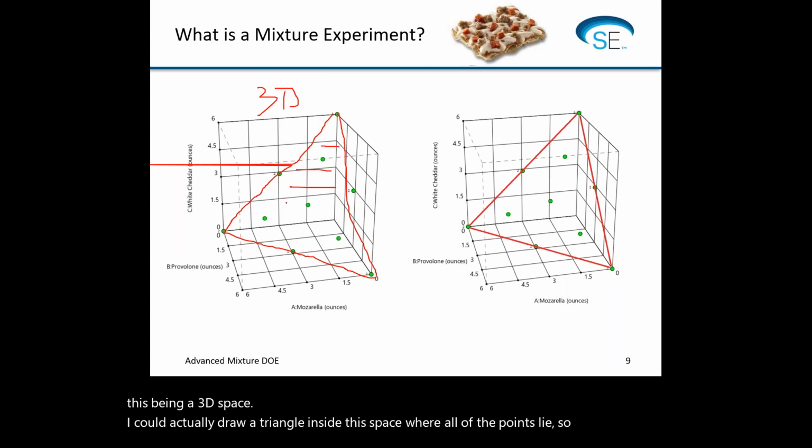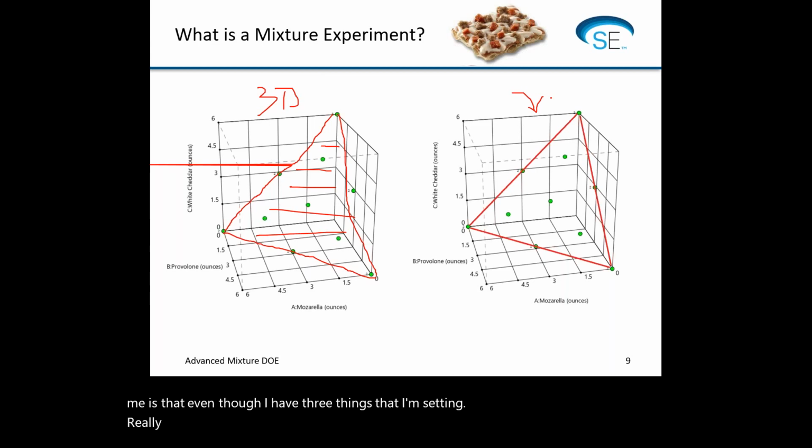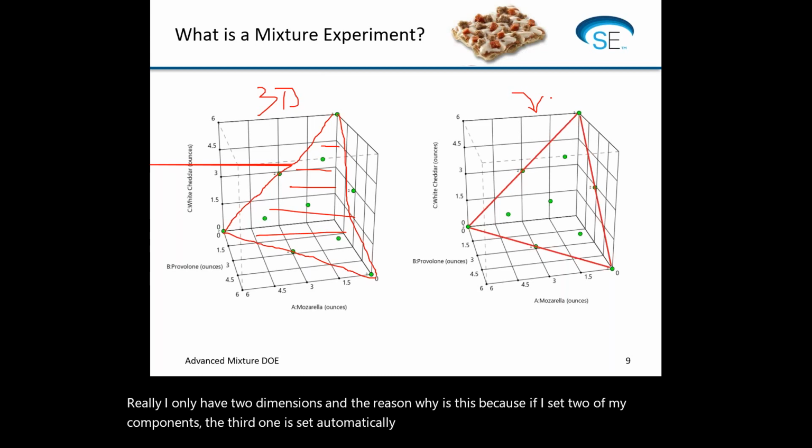So they all lie along this triangle here. A much nicer picture is this one here on the right. What this is telling me is that even though I have 3 things that I'm setting, really I only have 2 dimensions. The reason is this: if I set 2 of my components, the third one is set automatically to force the sum to be equal to 6.